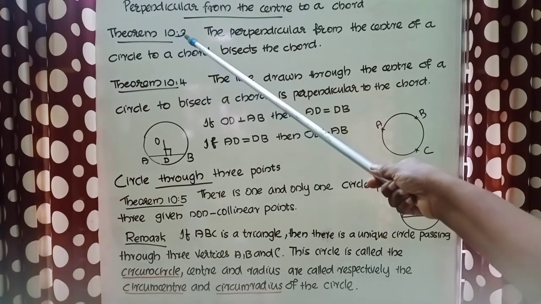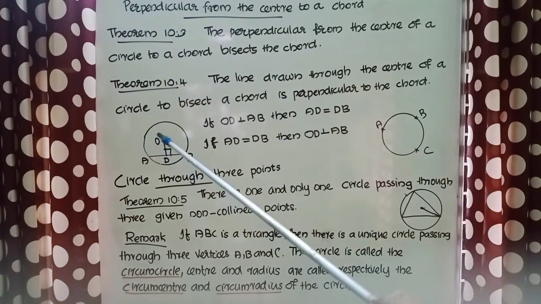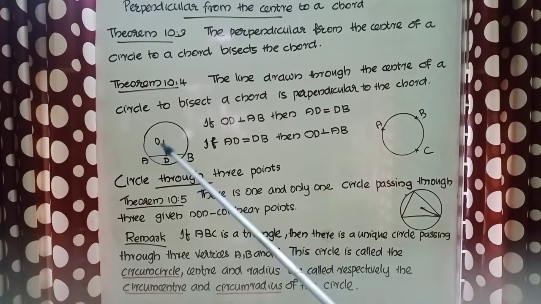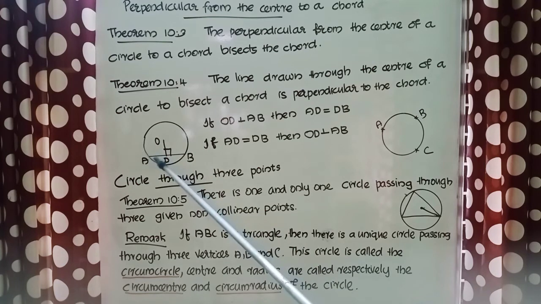Then the first theorem says that the perpendicular from the center bisects the chord. Bisects means divide into two equal parts. So this OD divides the chord AB into two equal parts. The parts are AD and DB.